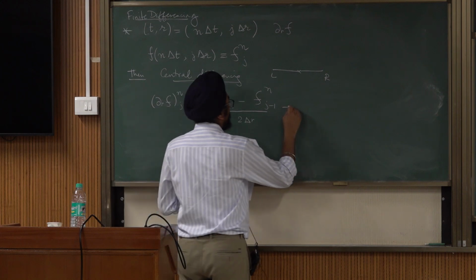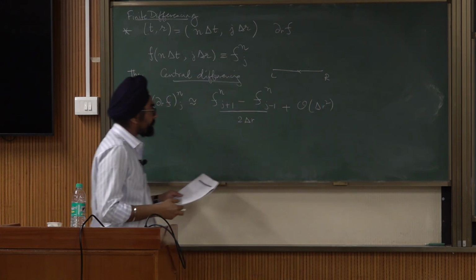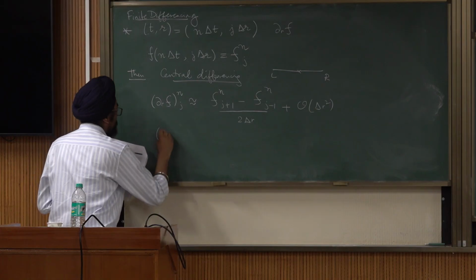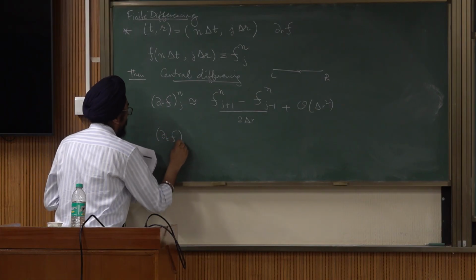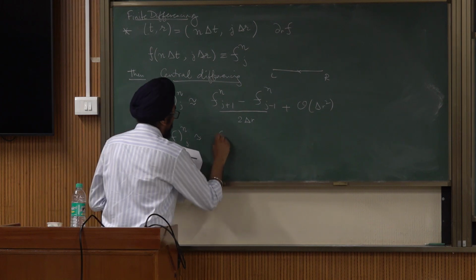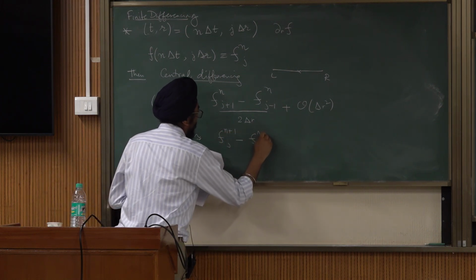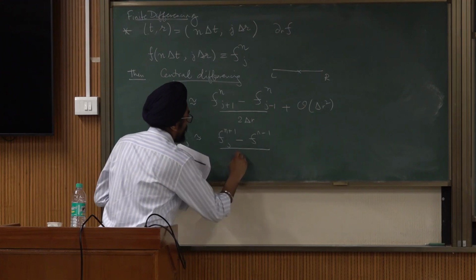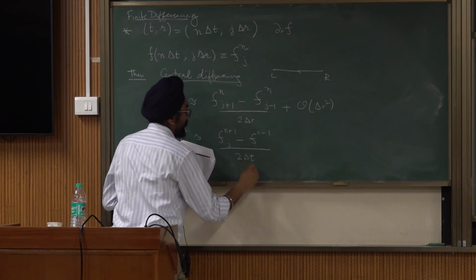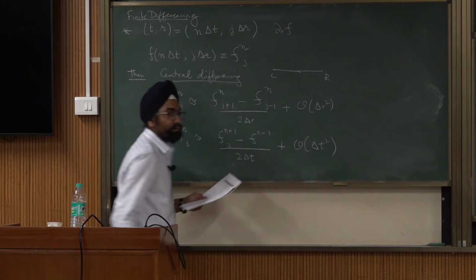This is valid to order delta r squared. Similarly, del t f at n j is f n plus 1 minus f n minus 1 over 2 delta t, valid to order delta t squared.